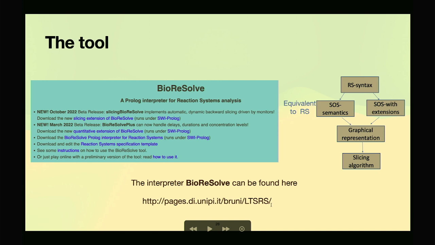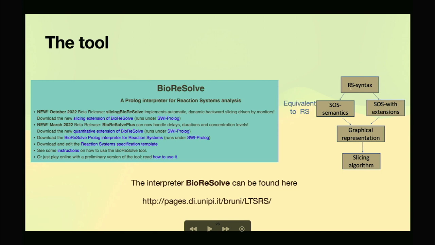Okay, all this has been implemented in Prolog, and the name is BioResolve. It can be downloaded. So this is the structure of our tool.